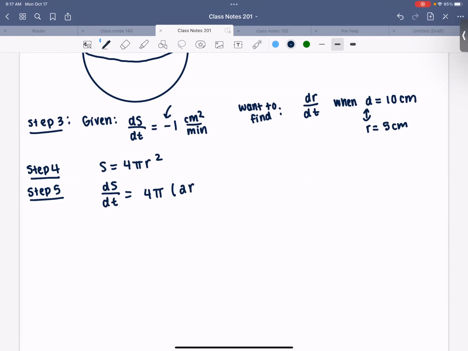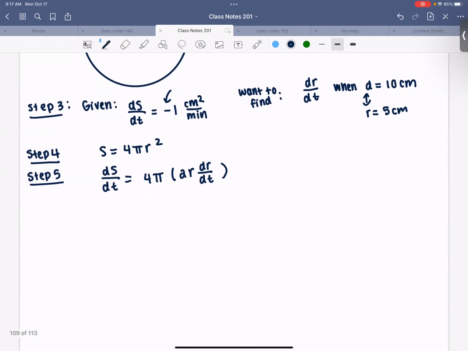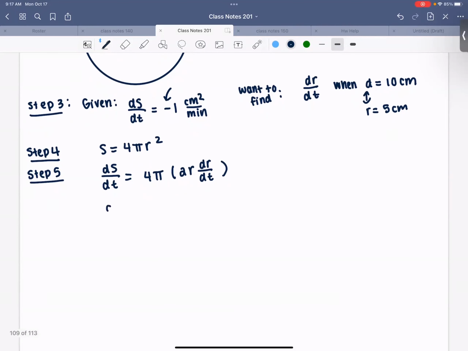Times dr/dt. Perfect. Remember, we're doing implicit differentiation, and we're taking this with respect to t. So anything that we take the derivative of, we also have to put dr/dt or dS/dt next to it. Okay. So cleaning this up, it looks like we have dS/dt equals 8 pi r dr/dt.